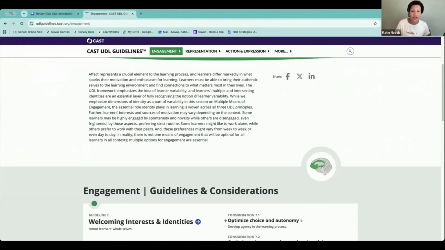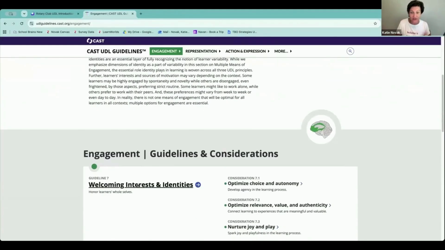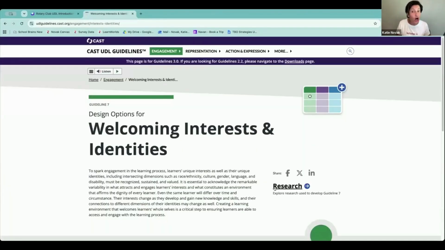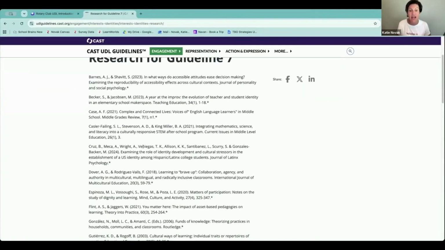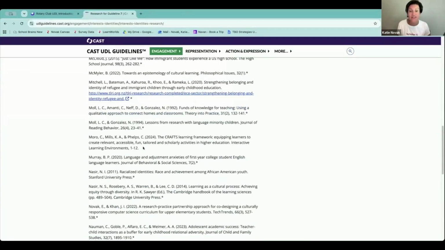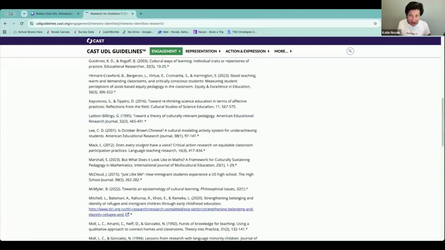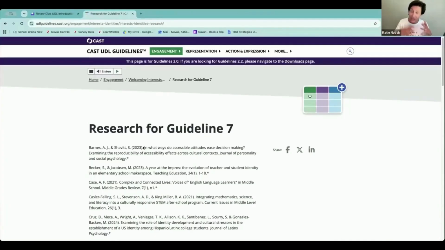And then it talks about that there are essentially three guidelines for engagement. The first is you have to feel welcome, you have to feel interested. And if you click on this is all of the research, really good, gold standard, peer reviewed, scholarly research that says this is the research that shows us, and again, hundreds and hundreds and hundreds of studies that talk about how if students are interested, their learning outcomes are much higher.